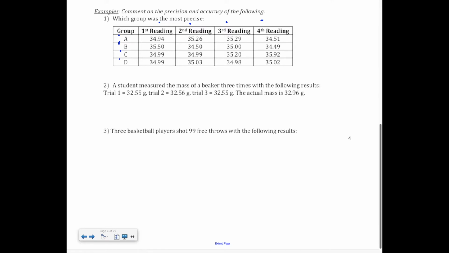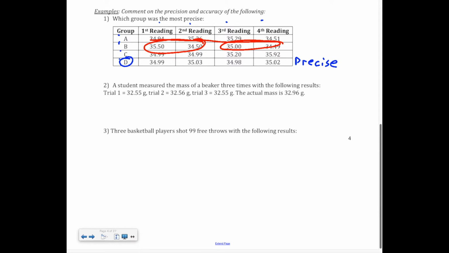Welcome back. So for D, D was the one that is the most precise because all their measurements are the closest together and they are the best. Now, you see that group A was all over the place. And then group B had two students that were high, two students that were low.